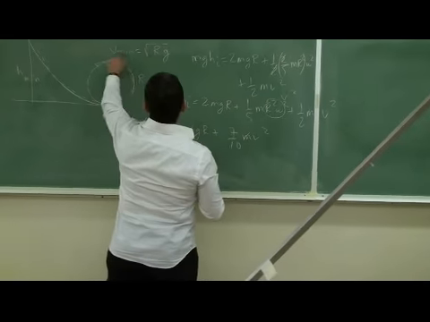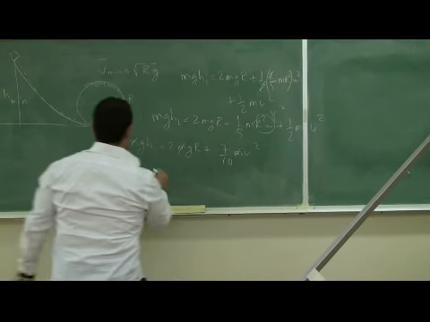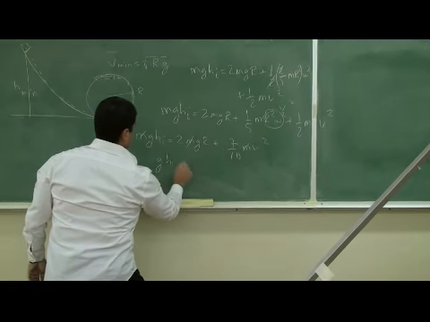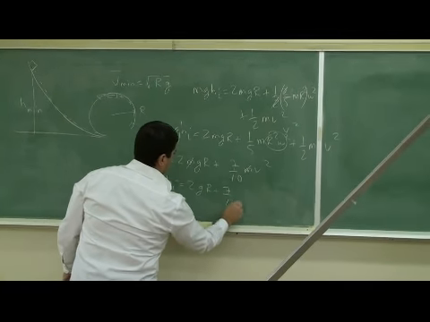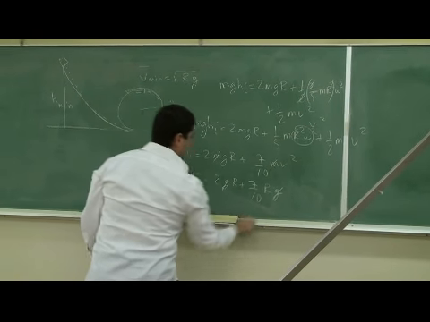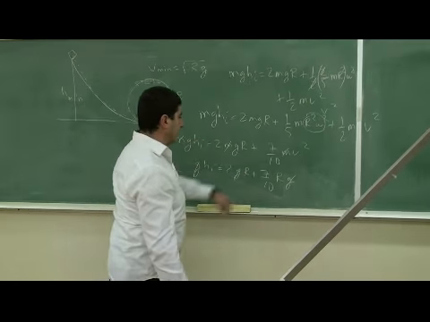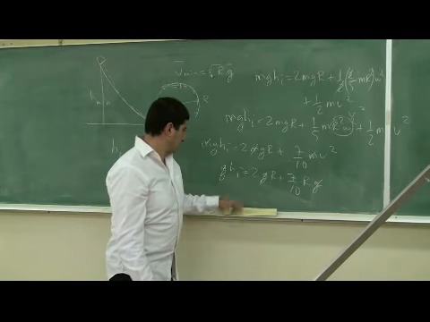V squared, I can still put square root of rg. So square that, you get rg. And then the g cancels. 2 plus 7/10 h initial must be minimum of what?